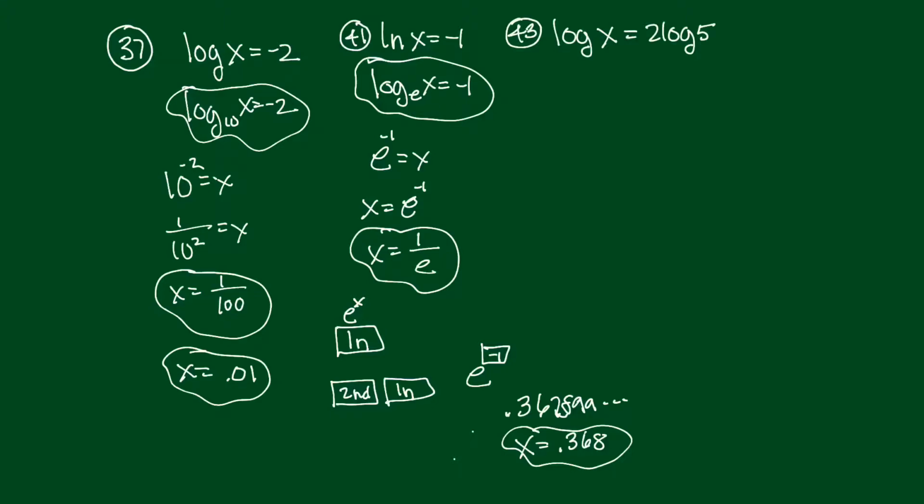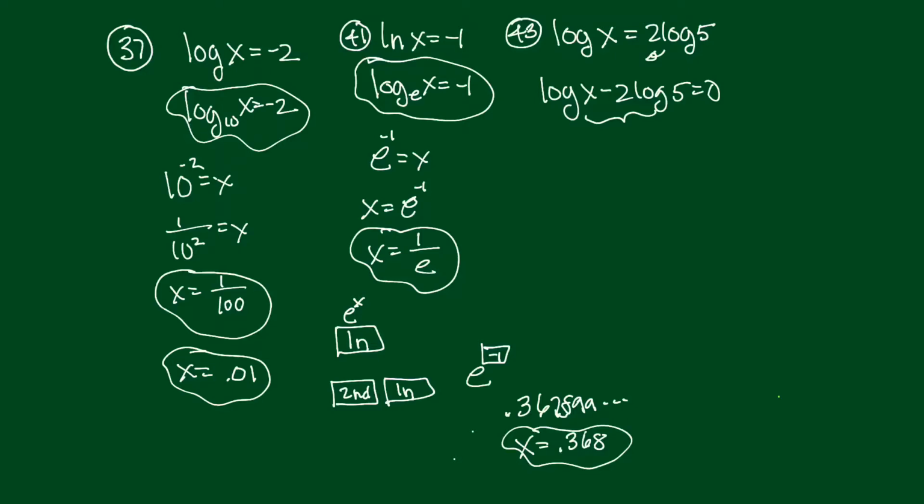43 is interesting, right? Because it's got logarithms on both sides. So why don't we get all the logs on one side, the left side or the right side. Might as well get them on the left. So I'm going to subtract this one here. So I'm going to write it as the log of x minus 2 log of 5 equals 0. And now I'm going to combine these together as one single logarithm.